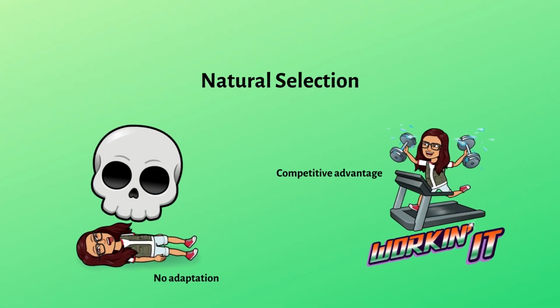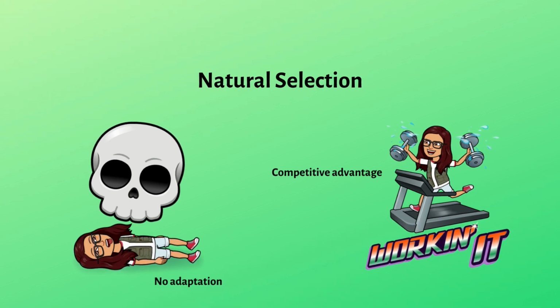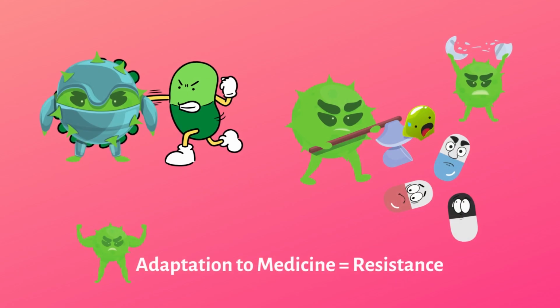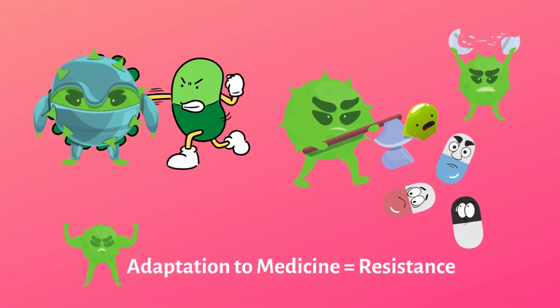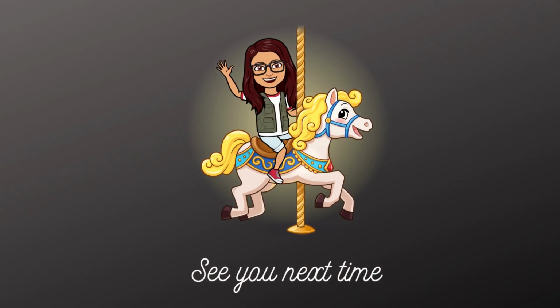And natural selection happens if the slow-changing microbes can't survive in the newly changed environment and die off. Resistance means that a microbe has learned an adaptation to medicine.